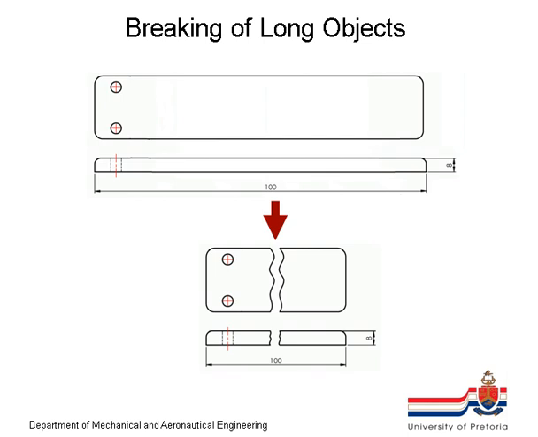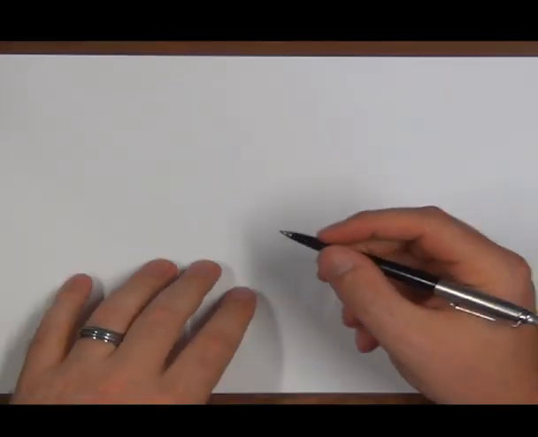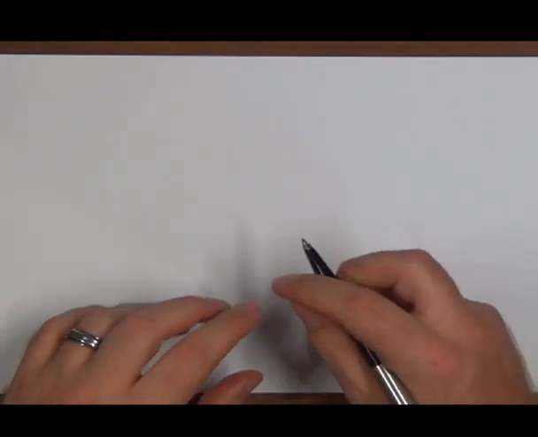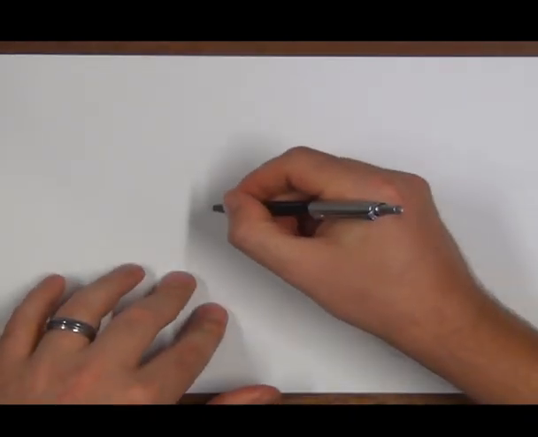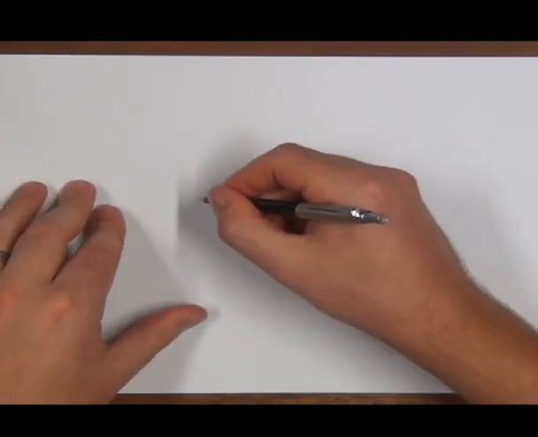Good, that brings us to the breaking of long objects. Now sometimes the aspect ratio of components is a bit off to practically fit into a drawing. What I mean by that is, if we take something like a broom, or just the stick of a broomstick.